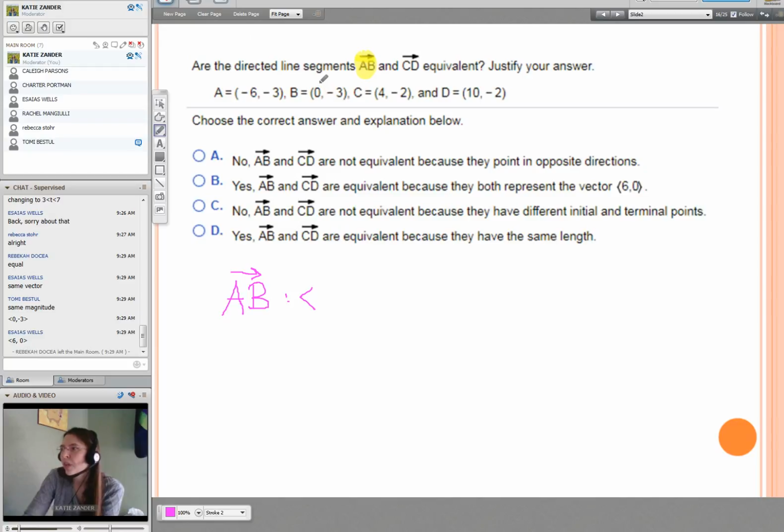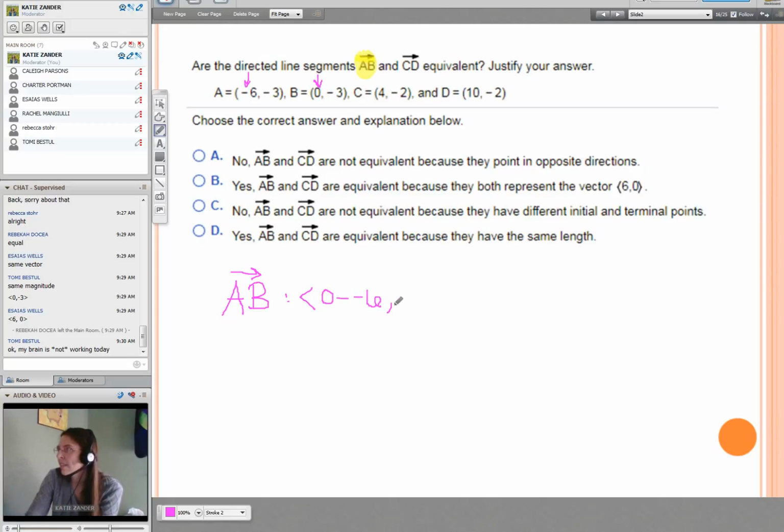Yeah, because if we're doing head minus tail, we're going to do 0 minus negative 6, and then negative 3 minus negative 3. Nope, it's okay. That's why we review too, right? Those do turn into plus signs here. Two negatives turn into a plus, so that's a 6, 0.